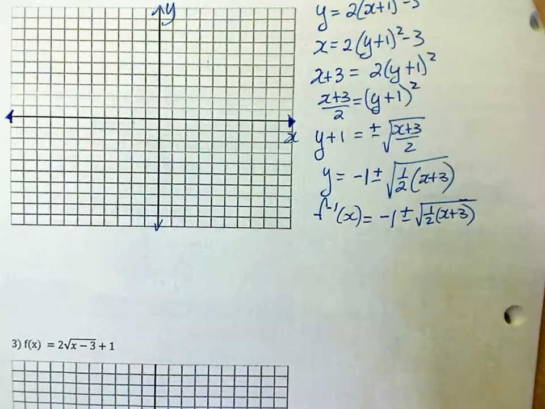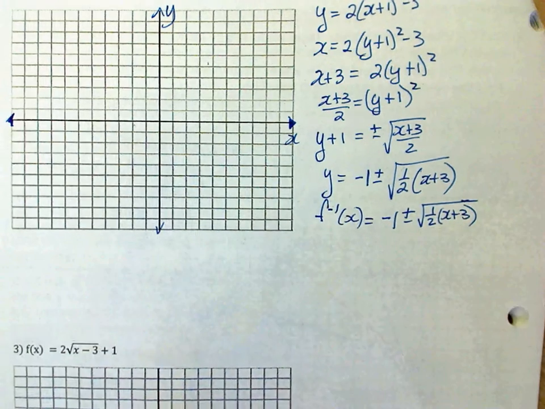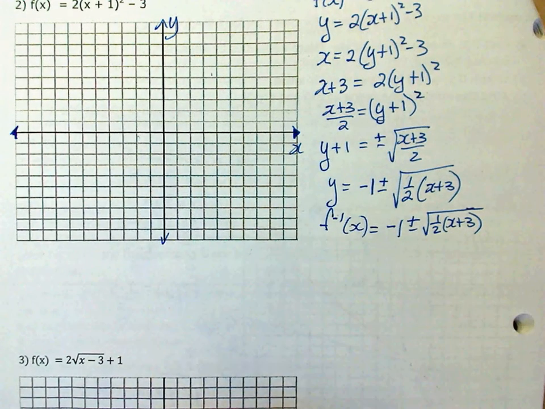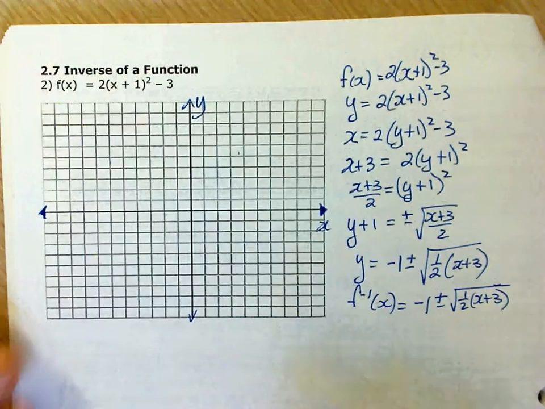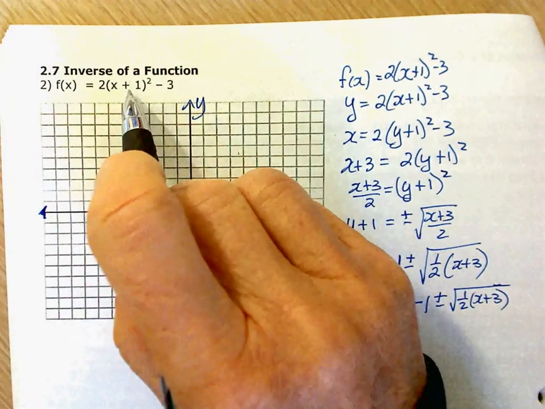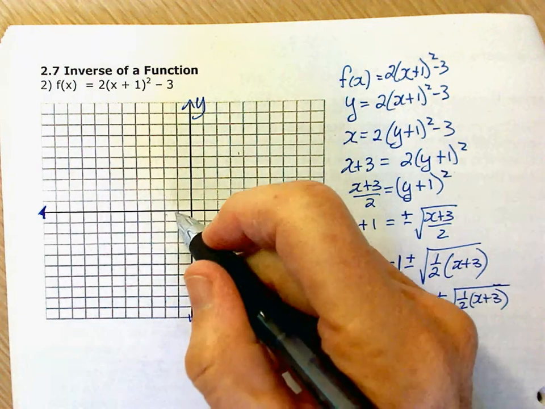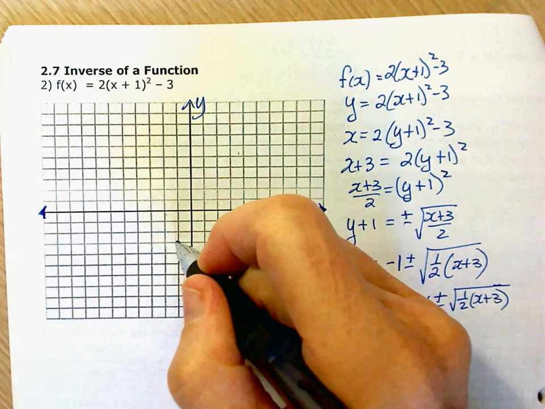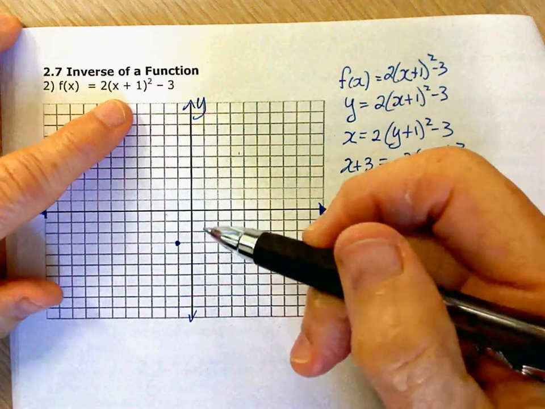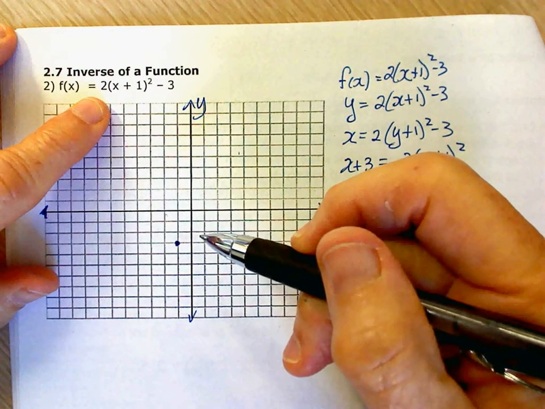So let's graph the original function and then we'll graph its inverse as well as the y equals x line. The vertex here is negative 1, negative 3. When x is 0, y is 2, 2 minus 3 is negative 1.